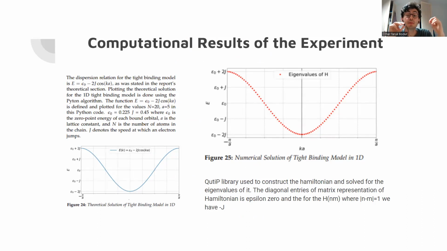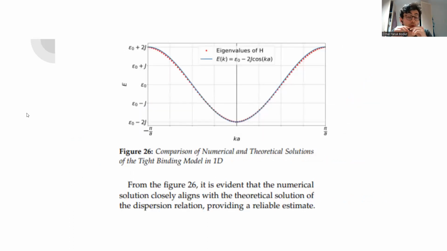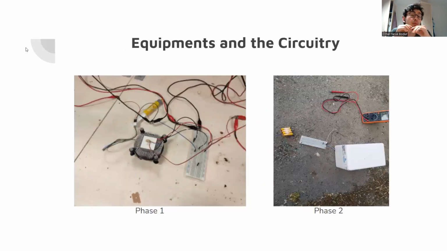When the difference between n and m equals plus or minus 1, we have a minus J. And when we solve this, we get this result. From the figure, it is evident that the numerical solution closely aligns with the theoretical solution of the dispersion relation, providing a reliable estimate. And we will move on to our equipment and circuitry.